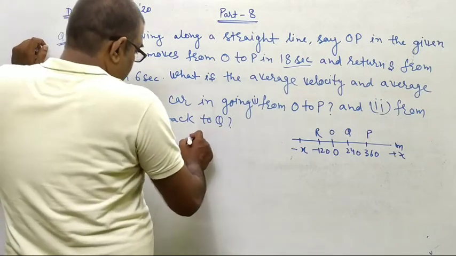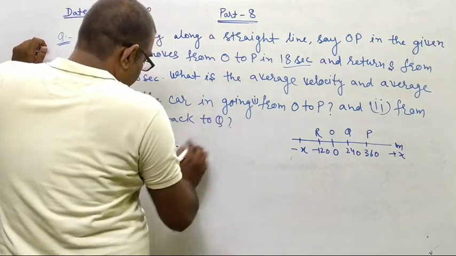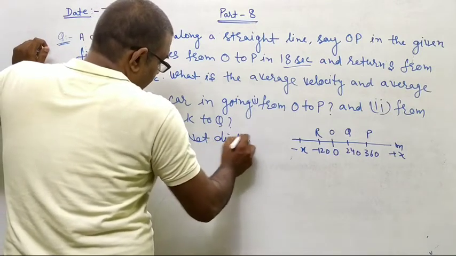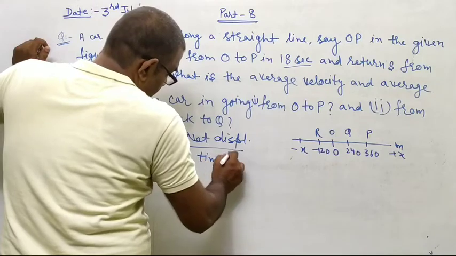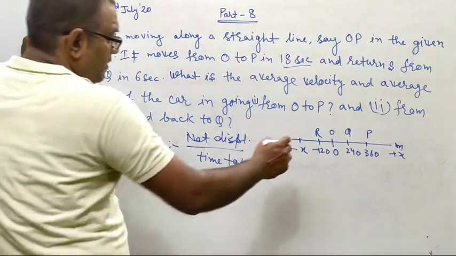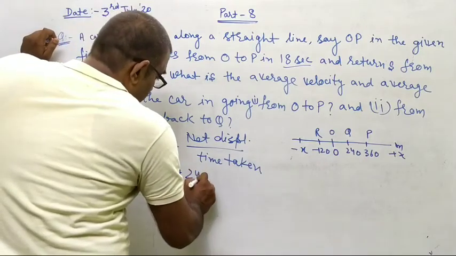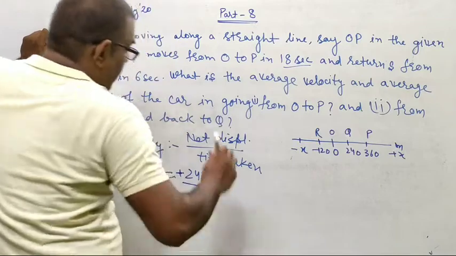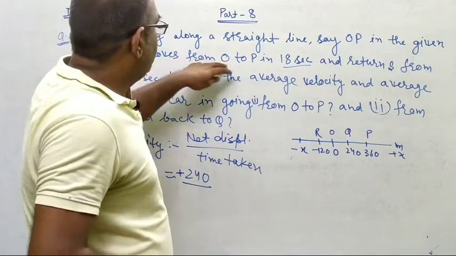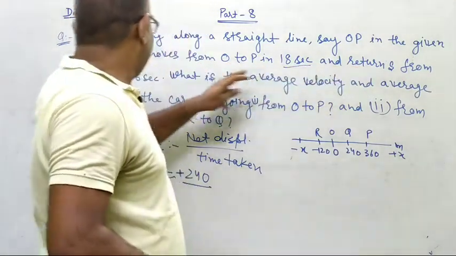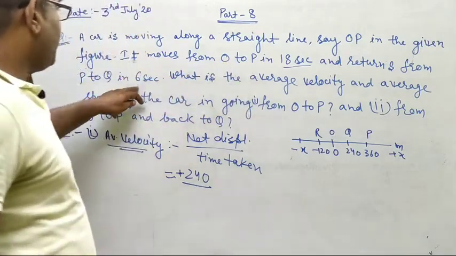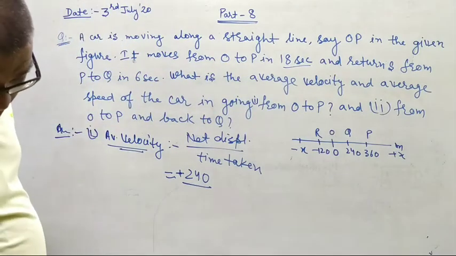So V average is net displacement upon time taken, and net displacement is equal to 240 upon, it moves from O to P in 18 seconds and returns from P to Q in 6 seconds. So total time is 18 plus 6.